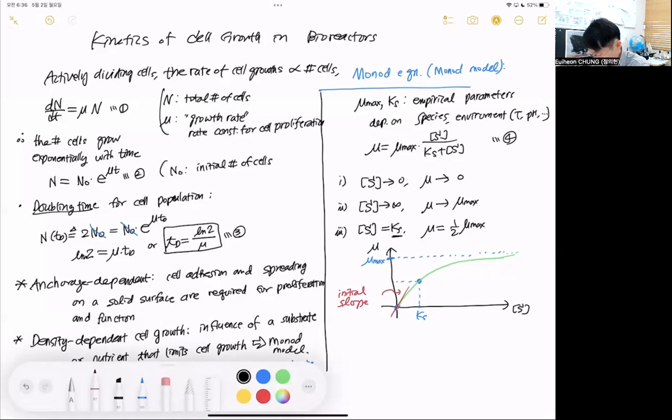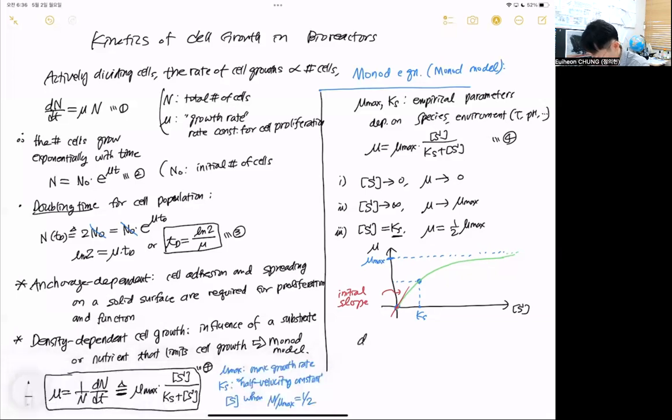You can do this differentiation, d mu over dS, at substrate concentration 0. When you do this calculation, you will find mu max over k sub S. What that means is the initial slope of this curve gets bigger when the maximum proliferation rate is high and k sub S is low.